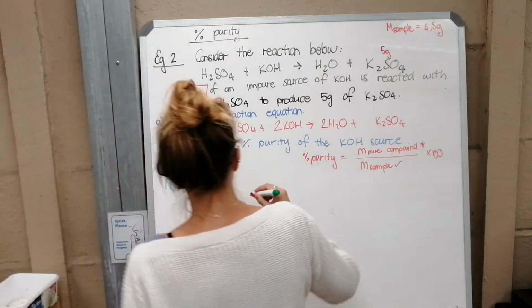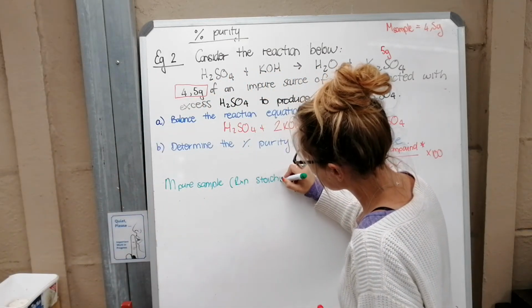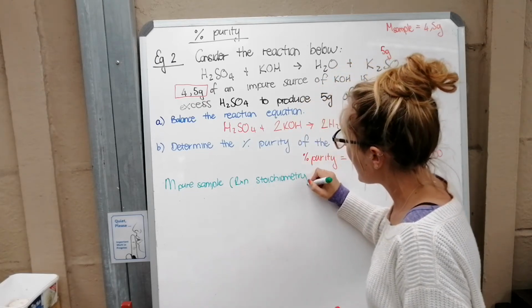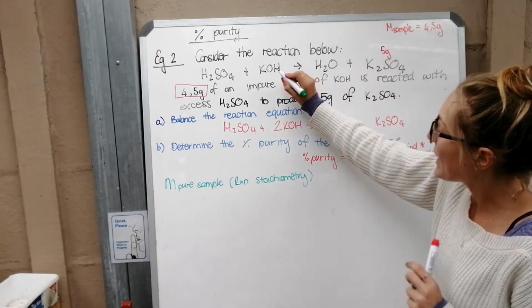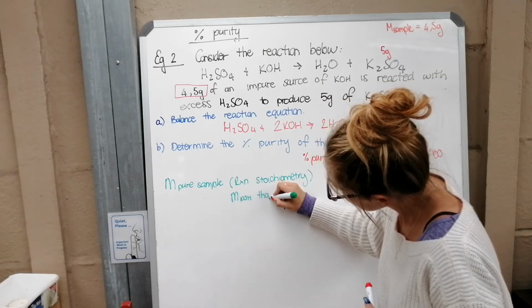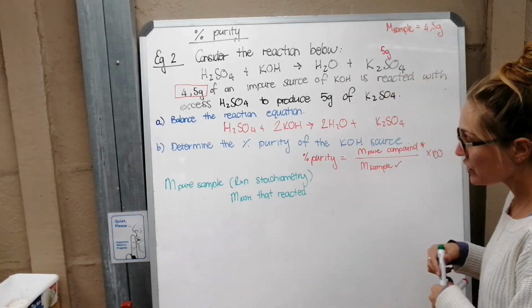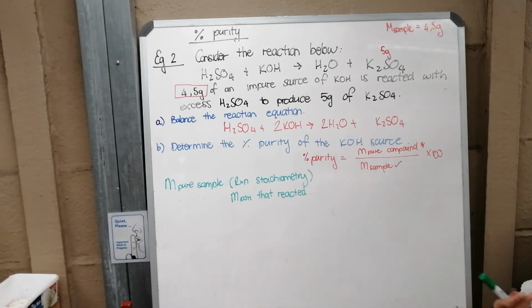Okay, and we're going to do that by doing reaction stoichiometry, i.e. the amount of potassium hydroxide that reacts is what we are looking for. Okay, so in order to do that, it's going to be what we've been doing for the last couple of days, those last 2 worksheets you did for me.